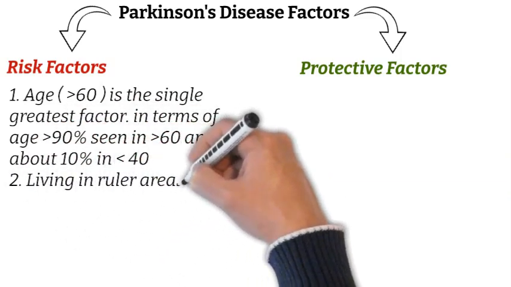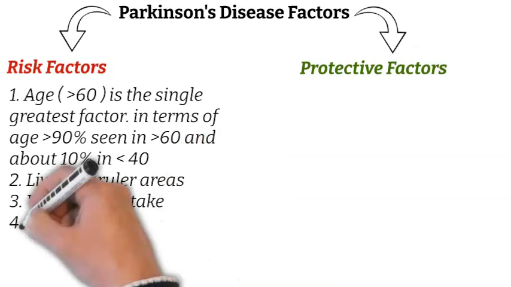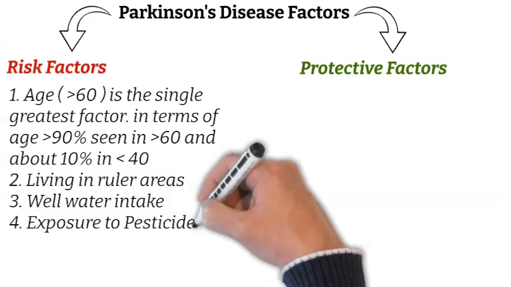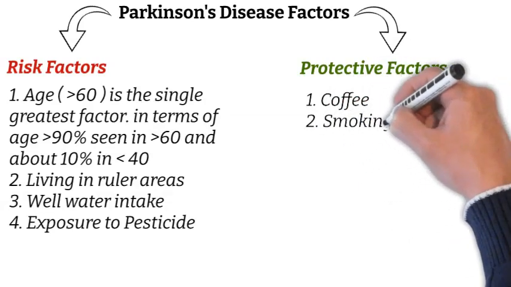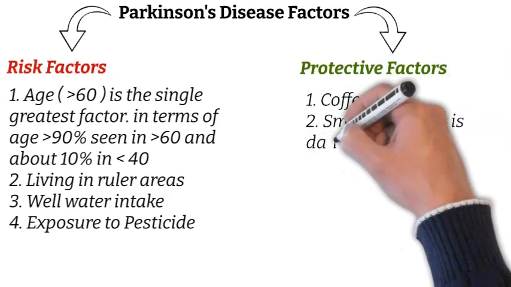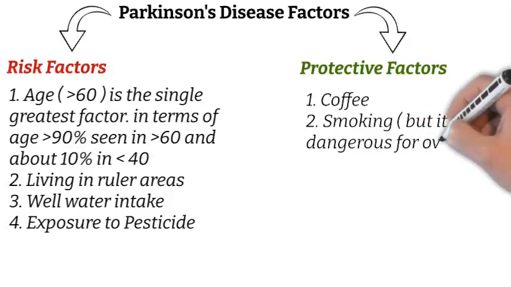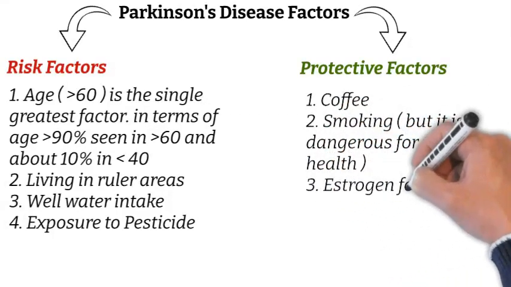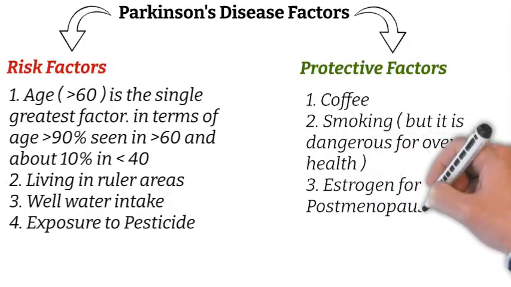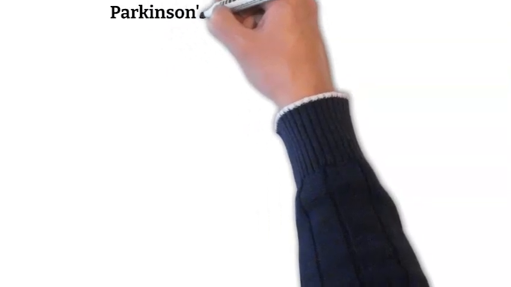In terms of age, remember, more than 90% are over 60 and about 10% are less than 40. Living in a rural area, well water intake, and exposure to pesticides are also considered risk factors. Coffee, smoking, and estrogen for postmenopausal women are considered protective factors.